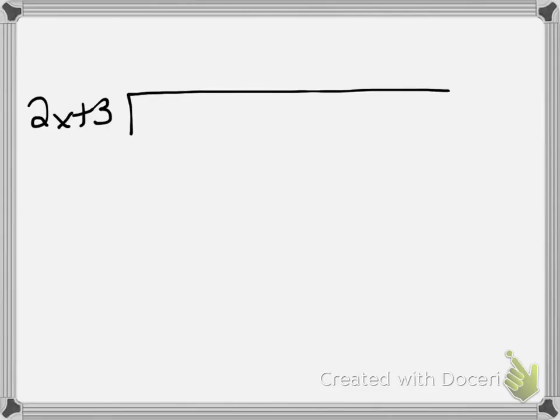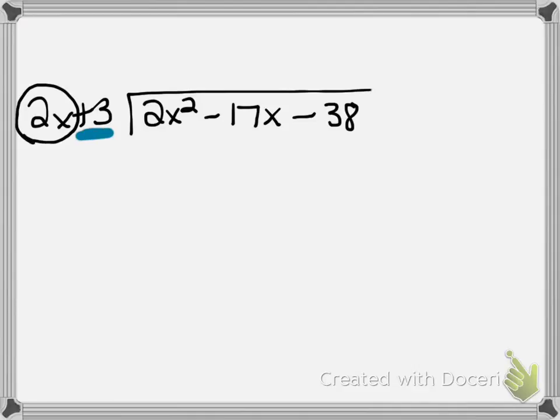So I'm going to use a fresh screen. So I have my divisor and I have my dividend, minus 38. Let me erase this part here. Okay. So then, what you want to do, don't worry about this plus 3 right there, okay? We're really only worried about the 2x.